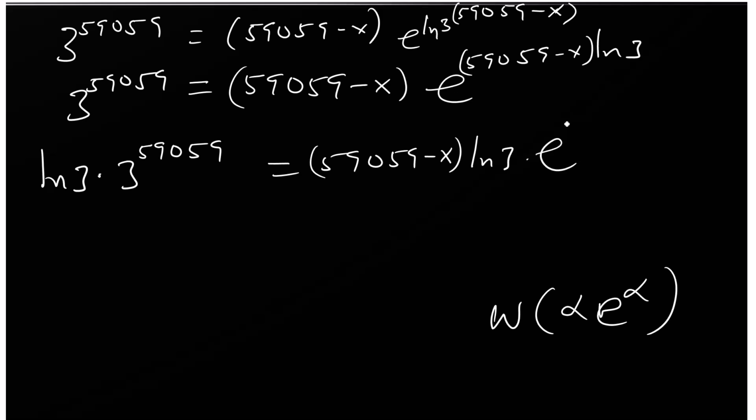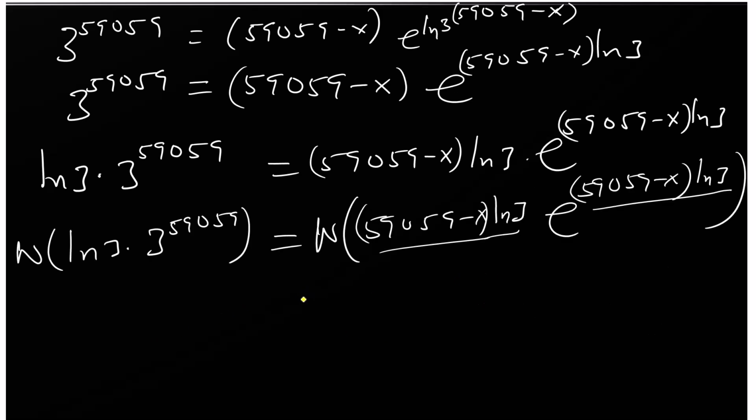We have e to the power 59059 minus x ln of 3. Perfect. So from here I'll have 59059 minus x times ln of 3.